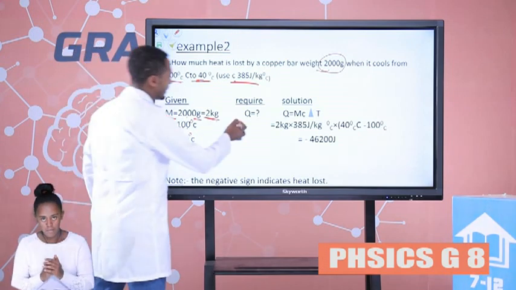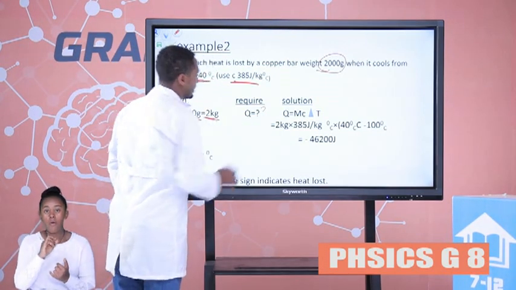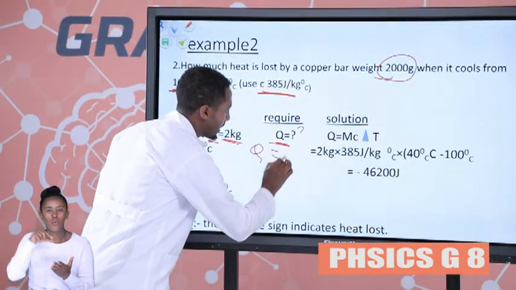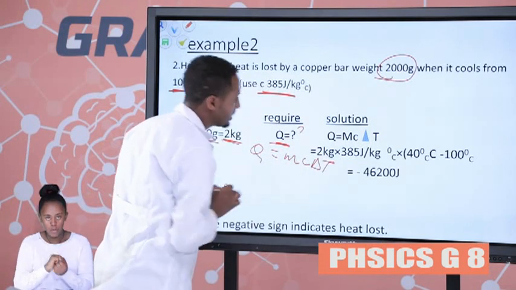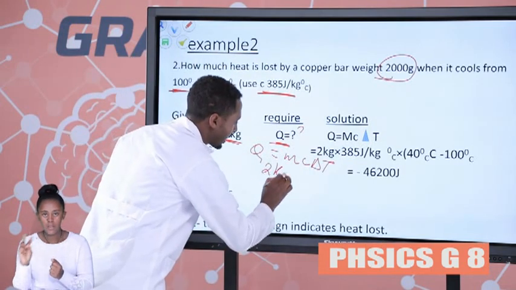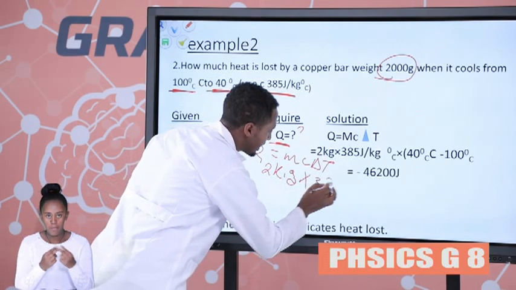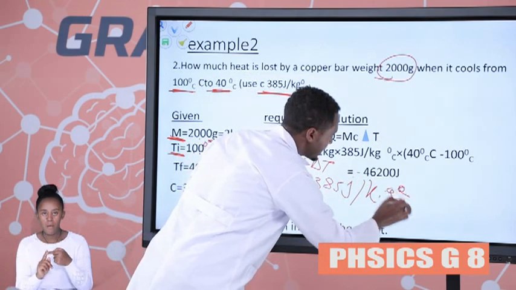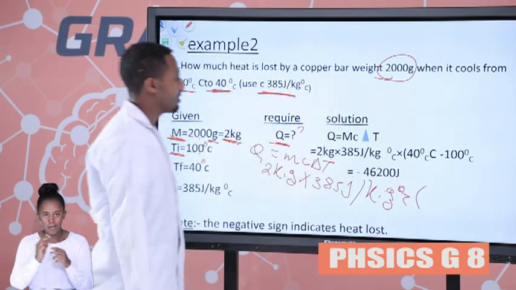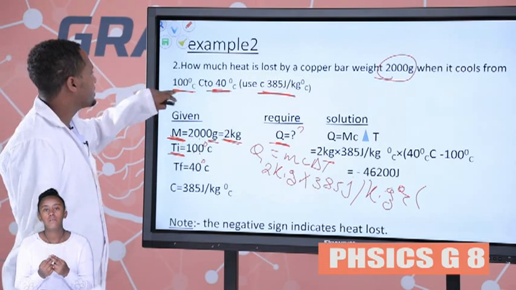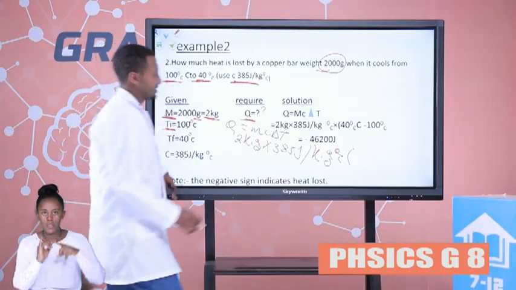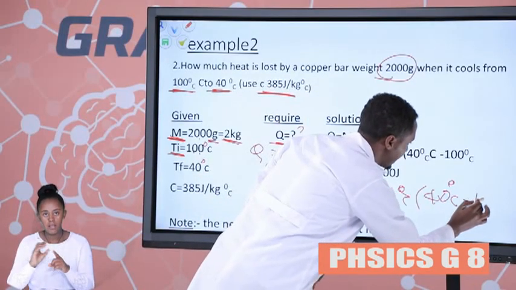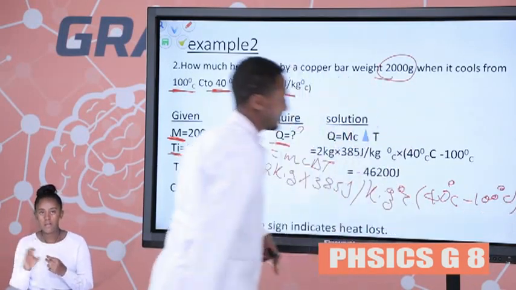Now the required is Q. So Q is equal to MC change of T, 2 kilogram times 385 joule per kilogram degree Celsius times the change, final 40 degree Celsius minus 100 degree Celsius.